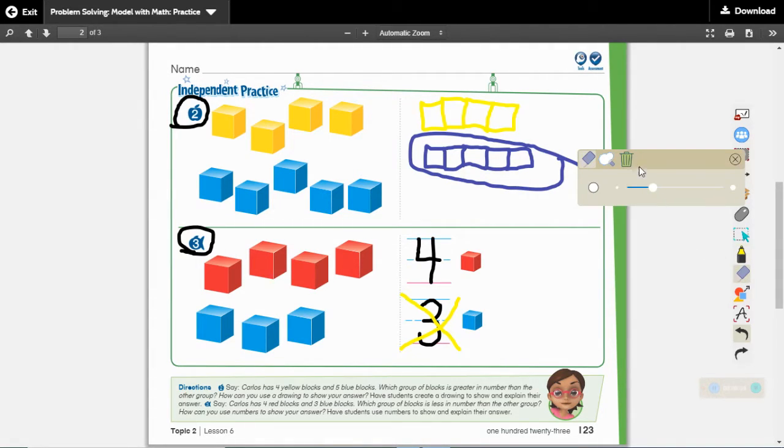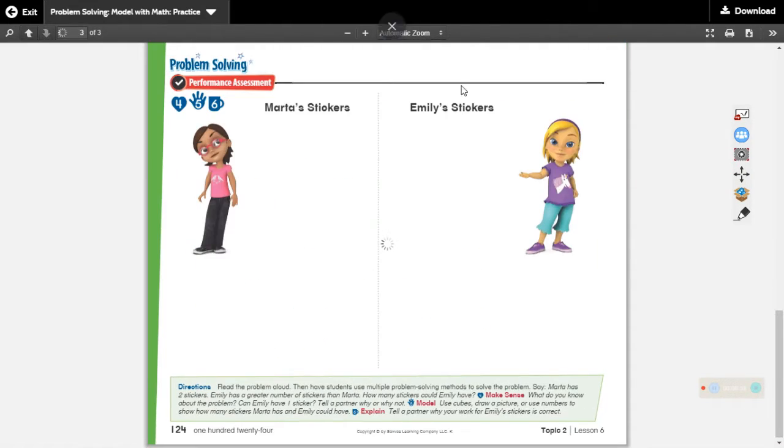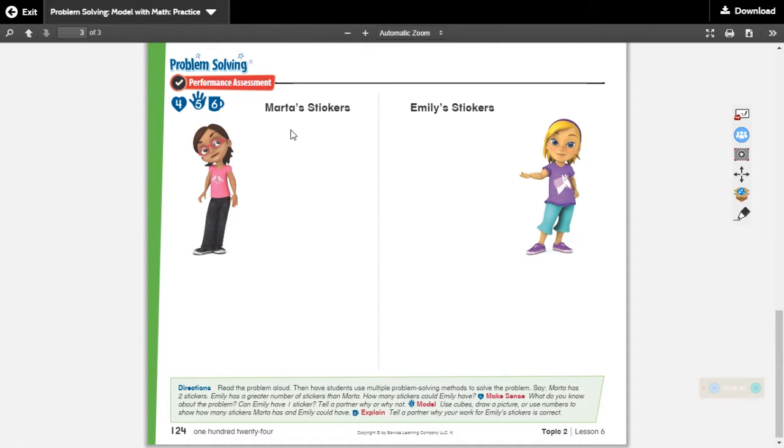Okay, now this next page, I'm going to tell you what to do on each problem, and you're going to try to do it by yourself. Okay? For number 4, it's all the same problem.